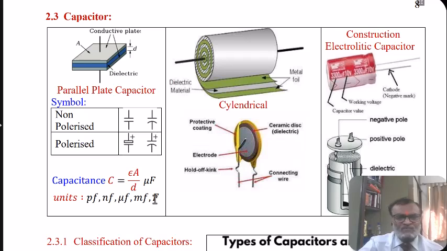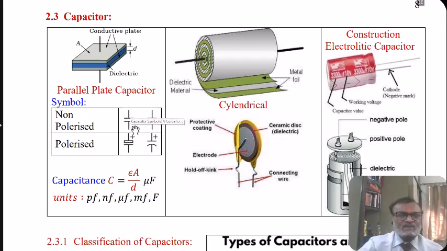Capacitors are mostly available from a few picofarads to thousands of microfarads. The symbol of the capacitor is shown here. The first symbol is for non-polarized capacitor, and the second symbol here is used to indicate the polarized capacitor.